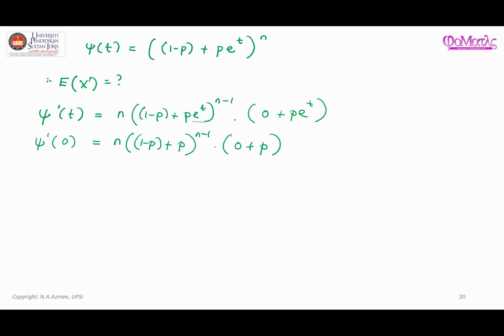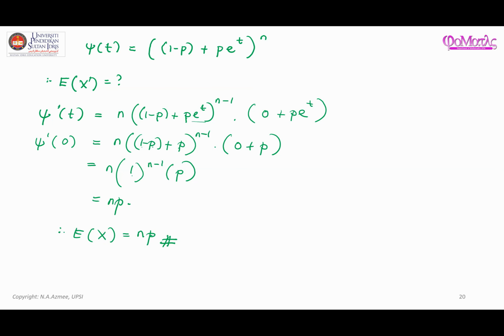Simplifying, 1 minus p plus p will be 1, to the power of n minus 1, times p. 1 to the power of whatever is going to be 1. So the result is just np. Therefore, the first moment about the origin is the mean, which is equal to np.